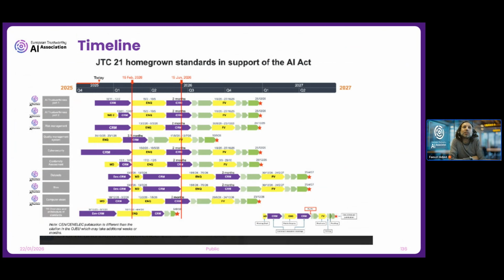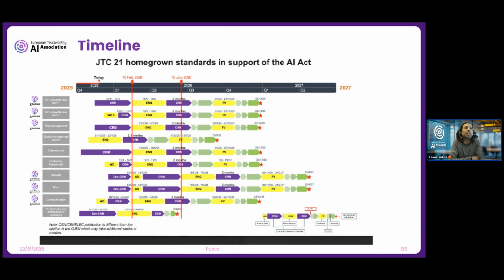This is the timeline. As you can see, we also have the review by national bodies, which is called the ballot, and we need to give more time to reviewers and other experts to validate and evaluate the standard, because it will be applied by experts and company engineers, who should understand it without any ambiguity in the written standard.